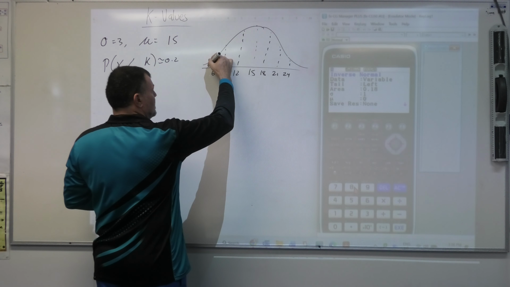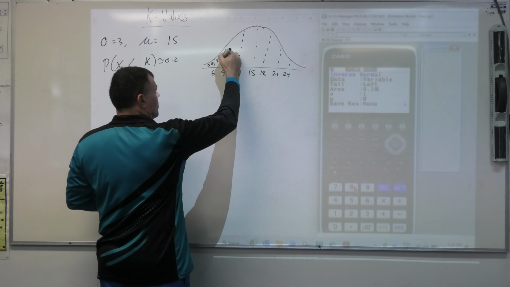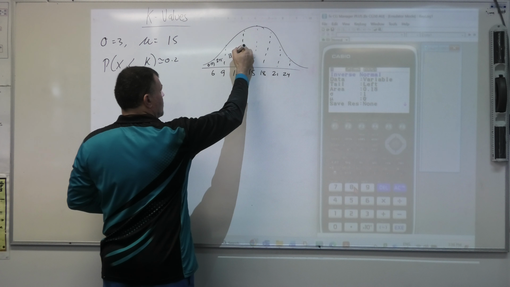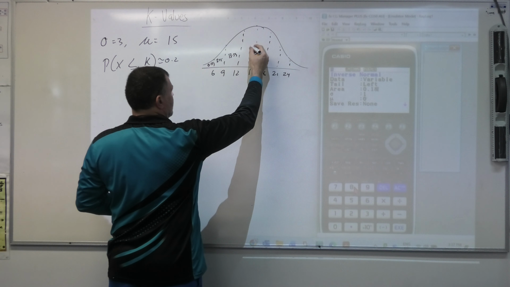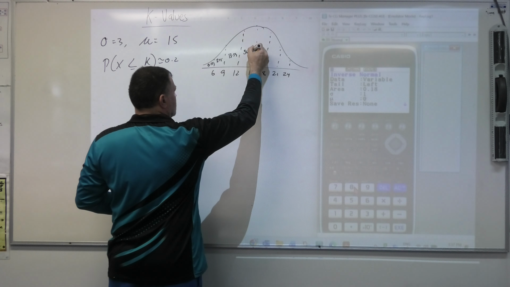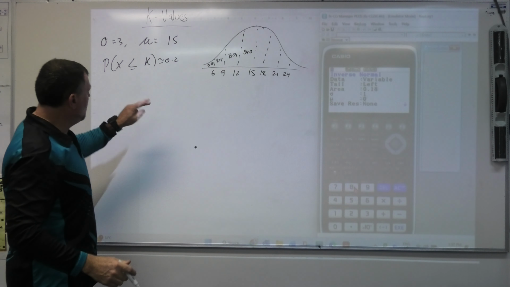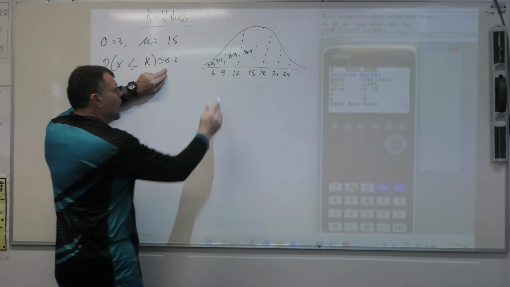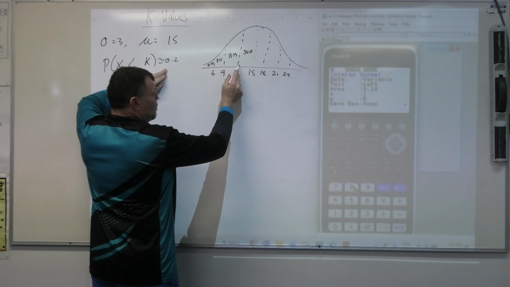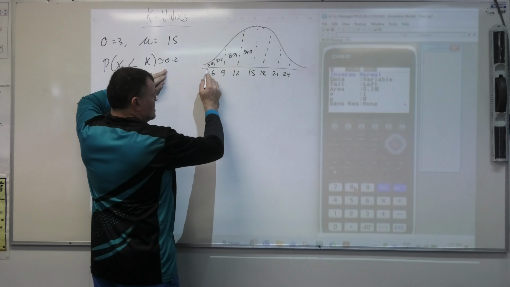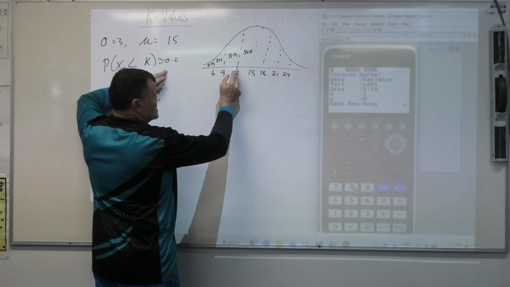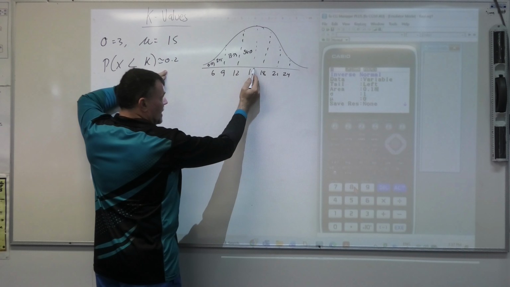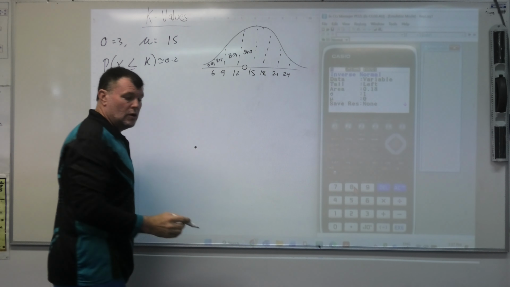Remembering that this here is 0.15, 2.15, 13.59, 34.13. So I want to go up to 20%. So I think, well, it's got to be greater than 16%, because if I add all this up, that adds up to approximately 16. So therefore, it has to be between 12 and 15.